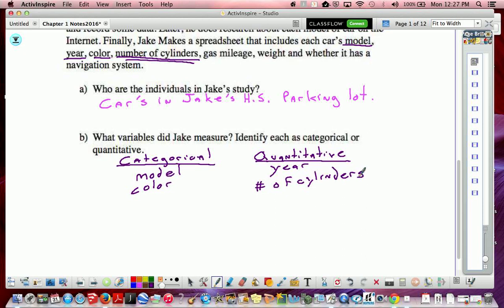Gas mileage. That's definitely quantitative. How about weight? Quantitative again. It's going to be a number. Whether it has a navigation system. Is that quantitative? That's categorical because it's kind of like either it has it or it doesn't. That's why I like to say yes, no sometimes with categorical. Nav system.